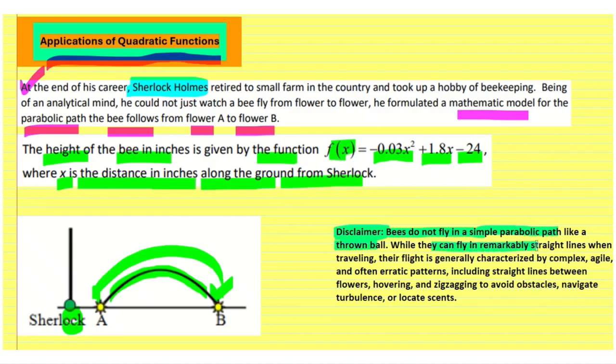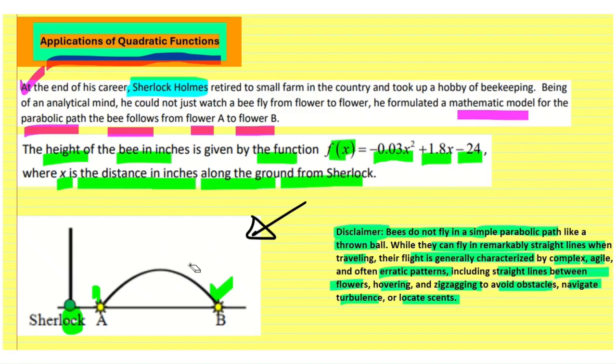While they can fly in remarkably straight lines while traveling, their flight is generally characterized by complex, agile, and often erratic patterns, including straight lines between flowers, hovering and zigzagging to avoid obstacles, navigate turbulence, or locate scents. But for the purposes of this problem, we are going to pretend that this is a real thing, because we could still answer the questions based on the premise that the bees are following a parabolic path. So we're just going to go with it.